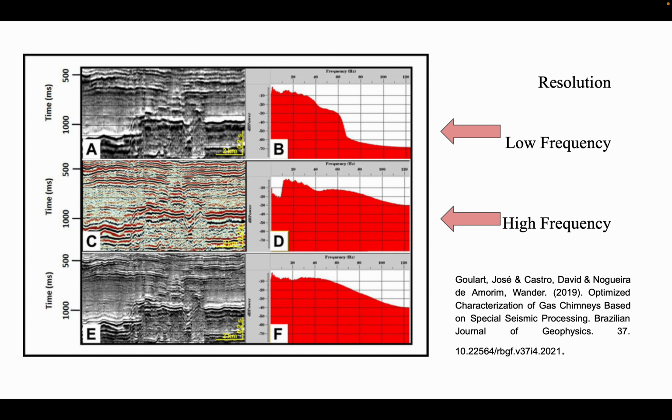So the uncertainty with which we are predicting the depth or the thickness of a layer might vary by such a large amount, because with the help of high frequency we can reduce that uncertainty. Okay, so that's why we need high frequency information as well.